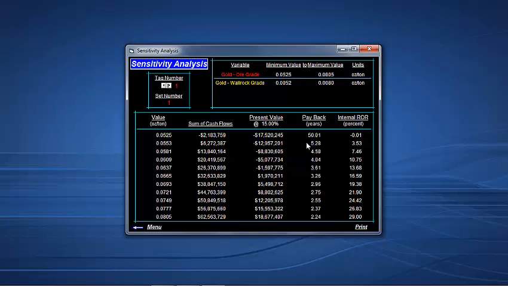Sensitivity analyses, of course, are available in the program, so we're varying our gold grade between 0.0525 and 0.0805 ounce per ton. You can see the various sum of cash flows, net present values, payback periods, and internal rate of returns. Project's fairly sensitive to the grade of gold, going from losing money to about a 29% return on investment.